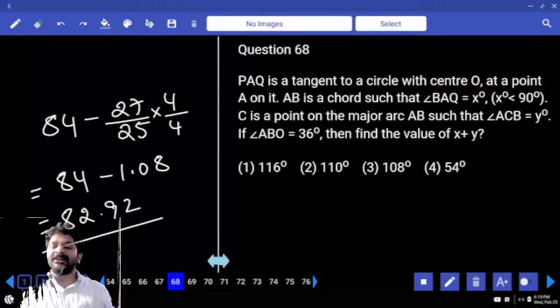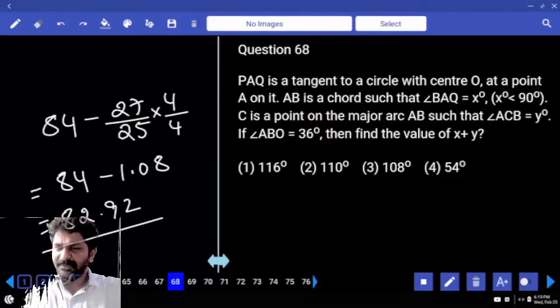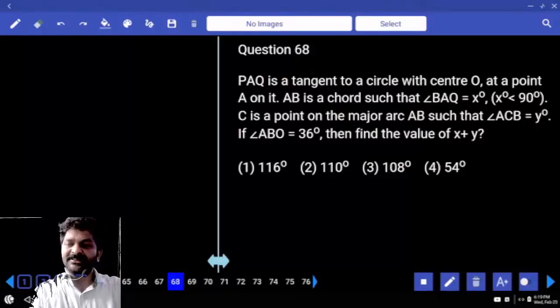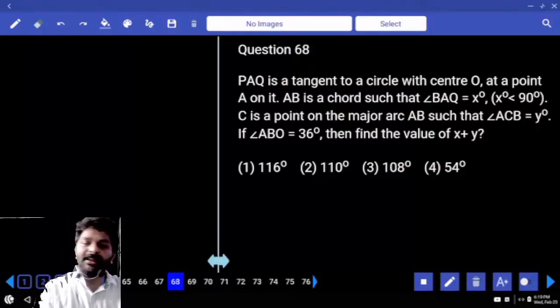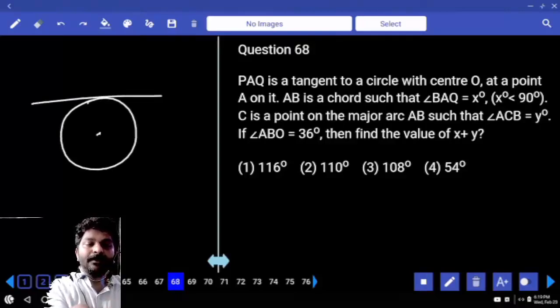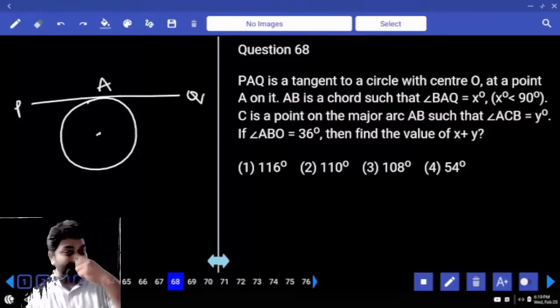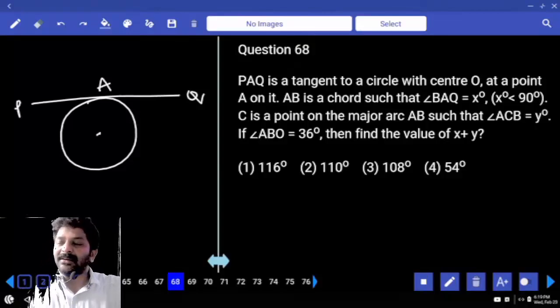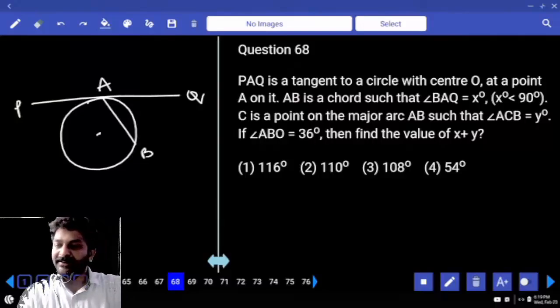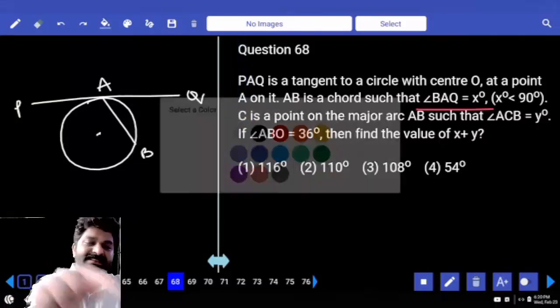PAQ is a tangent to a circle with center O at a point A on it. AB is a chord such that BAQ is x degrees.